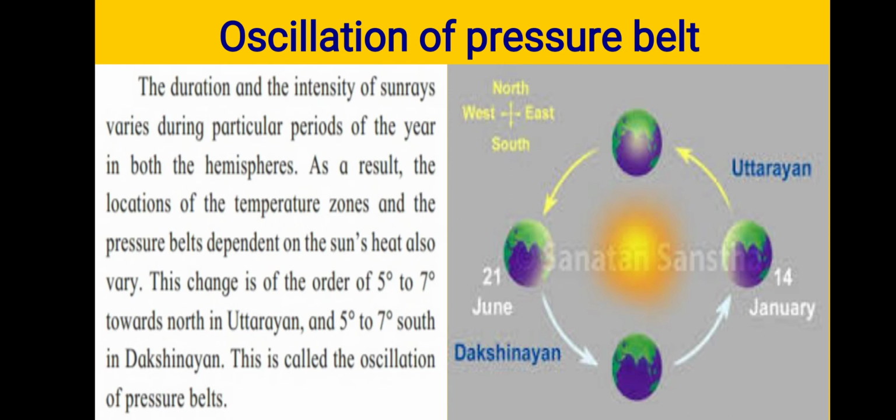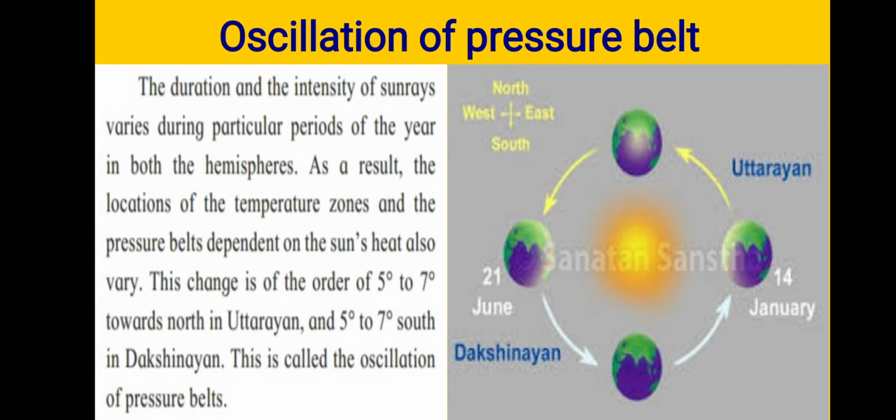This change is of the order of 5 degrees to 7 degrees towards the north and 5 degrees to 7 degrees in the south. In the north we call it Uttarayan and in the south we call it Dakshinayan. These variations in particular parallel lines are known as the oscillations of a pressure belt.